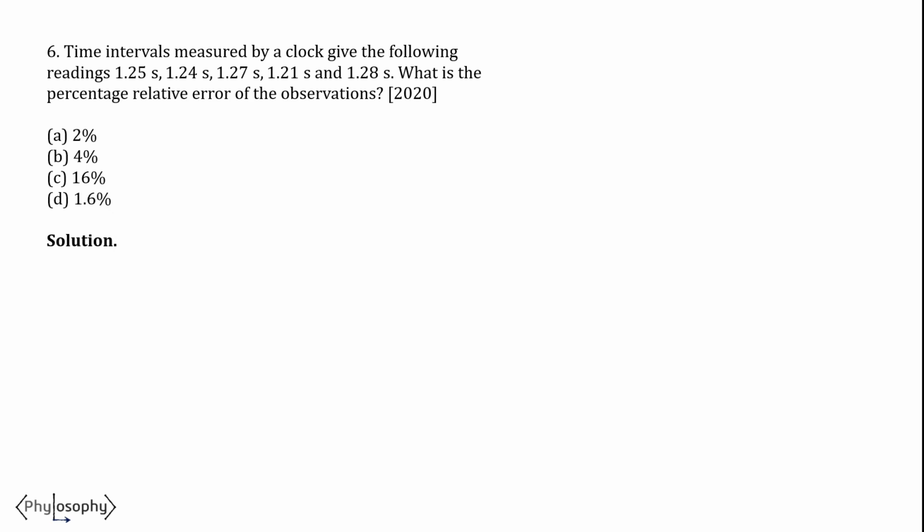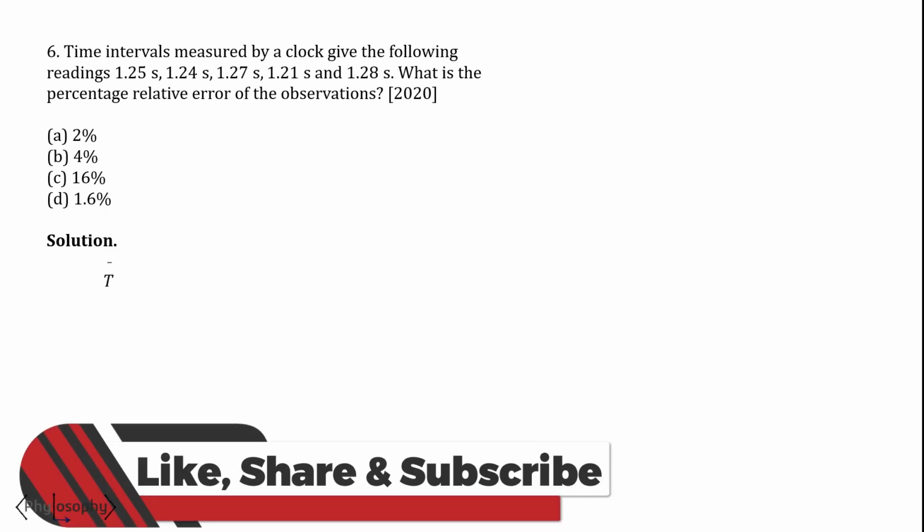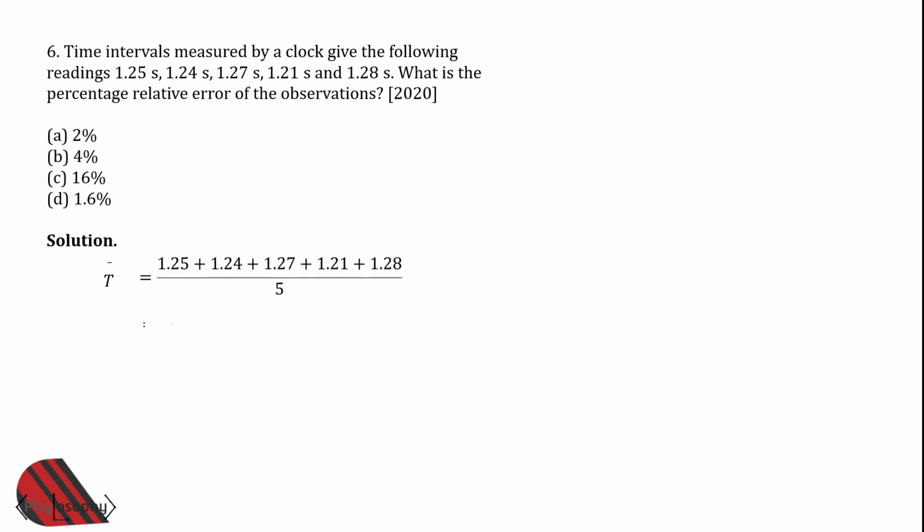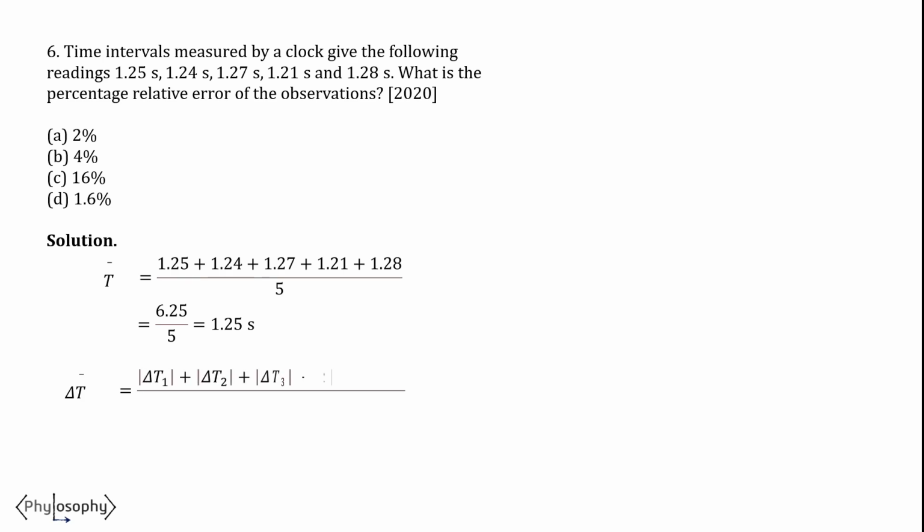To solve this problem, we will first calculate the mean time interval, which is given by the sum of time intervals over the total count, which equals 1.25 seconds. Now from this value, we can calculate the mean absolute error, which equals mod of delta t1 plus mod of delta t2 plus mod of delta t3 plus mod of delta t4 plus mod of delta t5 over 5.